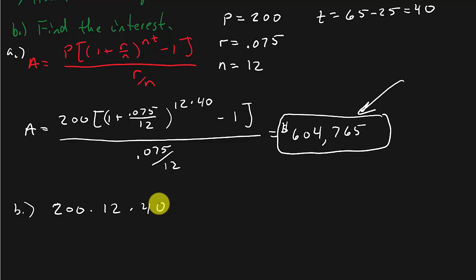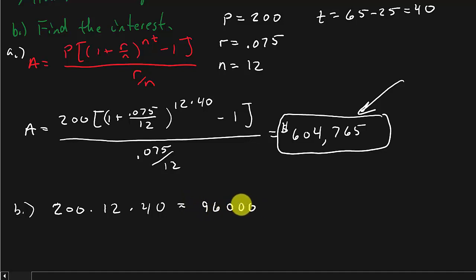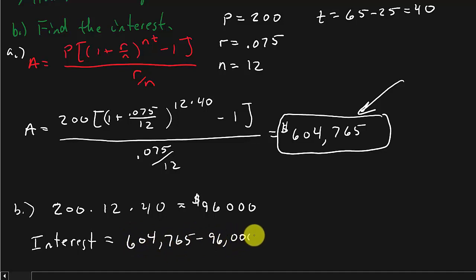All right. And so that is equal to $96,000. That's how much money we put in there total. 200 times 12 times 40 is 96,000. So the interest is equal to the 604,765 minus the 96,000.